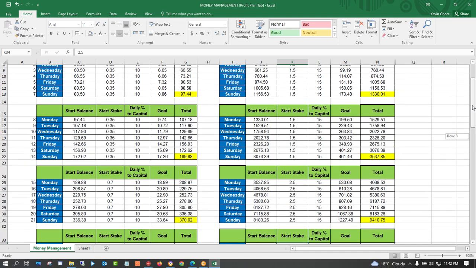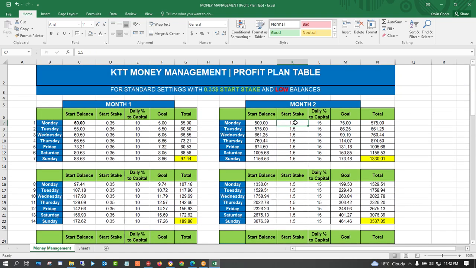So you see, for the first stake, we have $500 in our account, and our stake will be $1.5. Our daily capital is 15% of our initial stake. From $500, we only make $75, and the cycle continues, right? 15% of this becomes our opening balance, right?